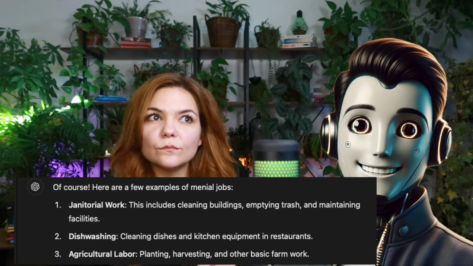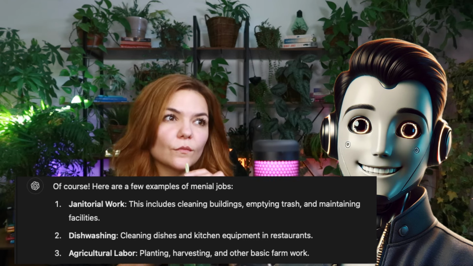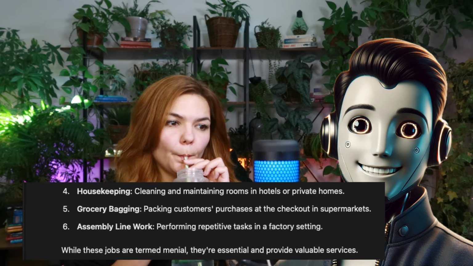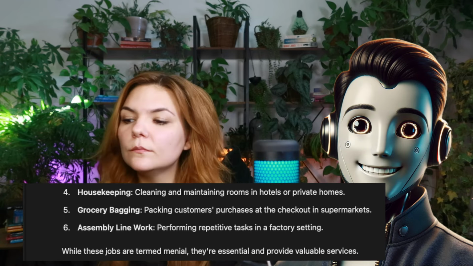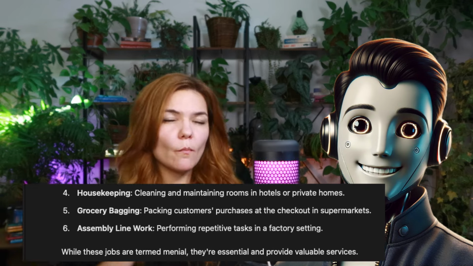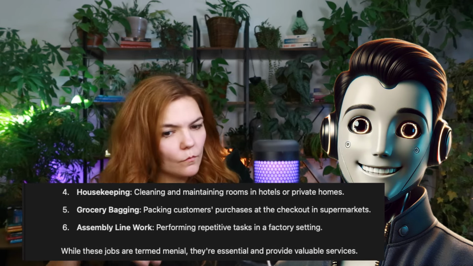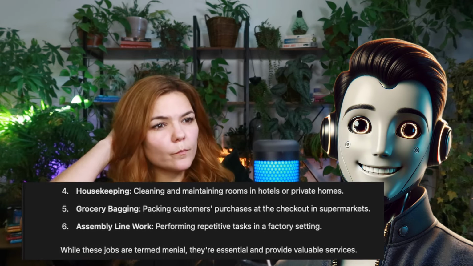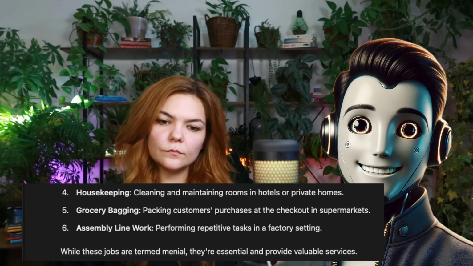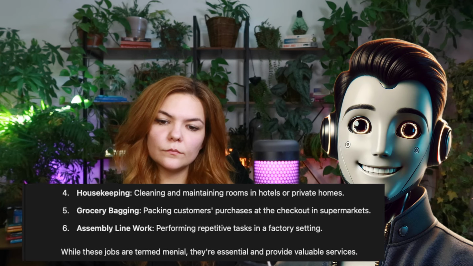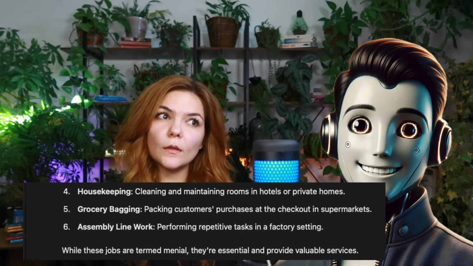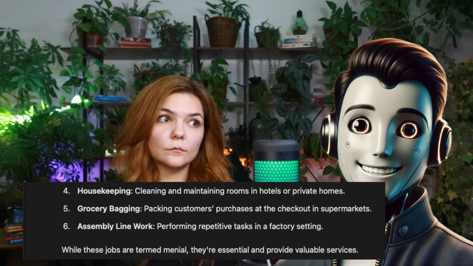Planting, harvesting, and other basic farm work. 4. Housekeeping. Cleaning and maintaining rooms in hotels or private homes. 5. Grocery bagging. Packing customers' purchases at the checkout in supermarkets. 6. Assembly line work. Performing repetitive tasks in a factory setting. While these jobs are termed menial, they're essential and provide valuable services.